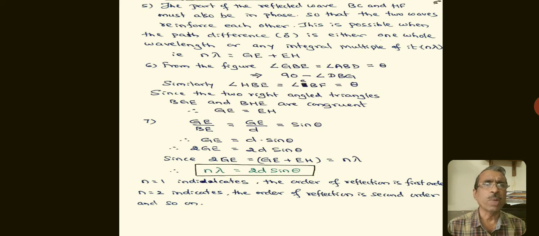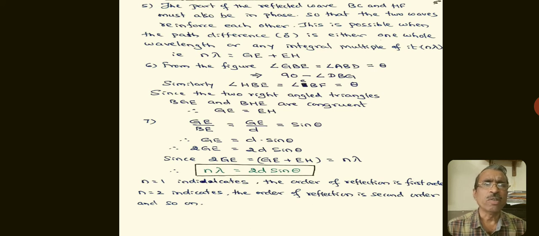This is possible when the path difference delta is either one whole wavelength or any integral multiple of it, that is n lambda. So we can write n lambda equals GE plus EH.